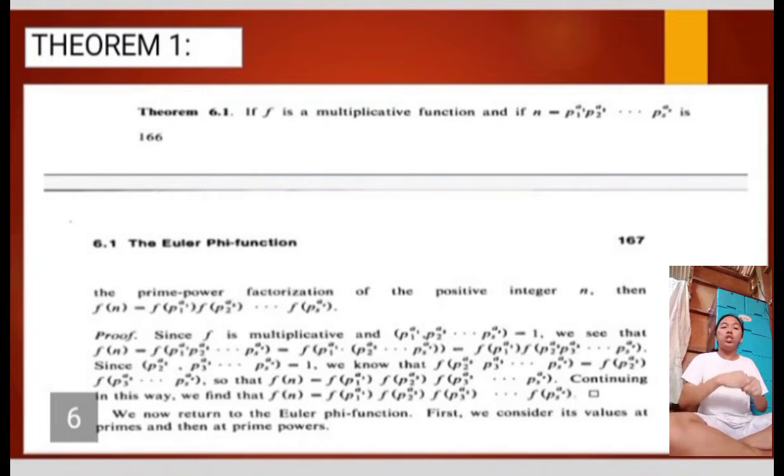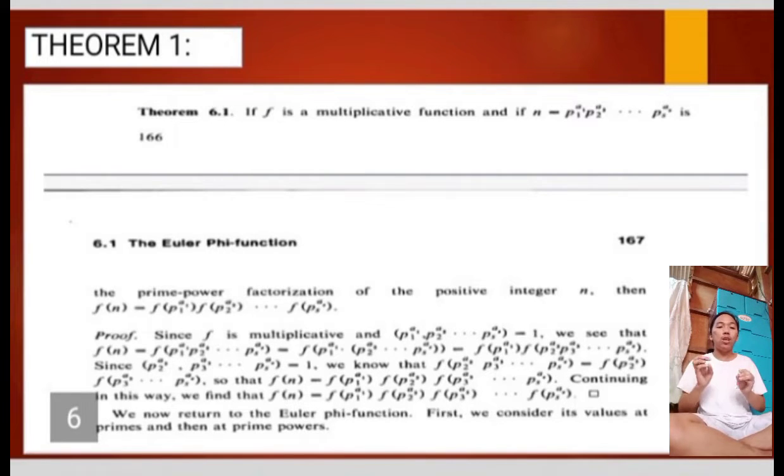So the function f of n is equal to f of p sub 1 raised to a sub 1 multiplied by f of p sub 2 raised to a sub 2 multiplied by f of p sub 3 raised to a sub 3 all the way to f of p sub s raised to a sub s.